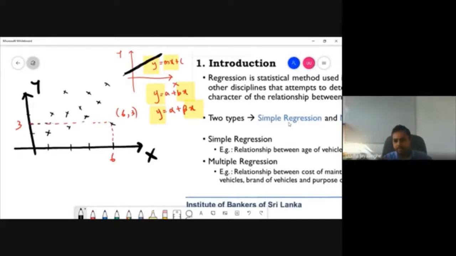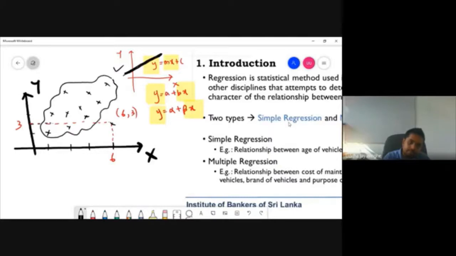But for the moment, let's think that we are discussing an x, y kind of normal variable relationship. In that instance, if you know this line, then there is absolutely no necessity to come up with a regression. But the real world data are something like this.